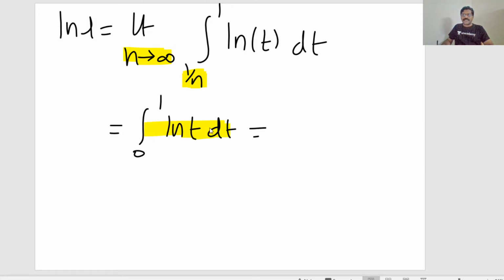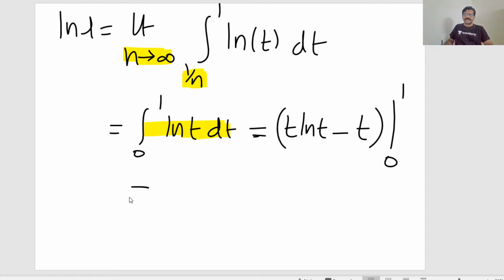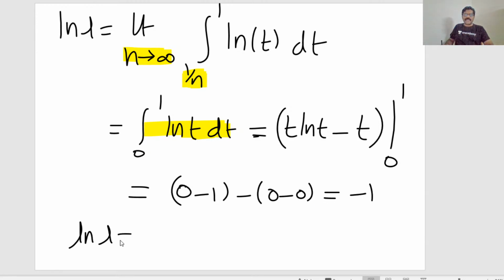Integral of log t is t log t minus t, from 0 to 1. By applying the limits, you will get 0 minus 1, minus 0, finally minus 1. Log L is minus 1. That implies L is e power minus 1.